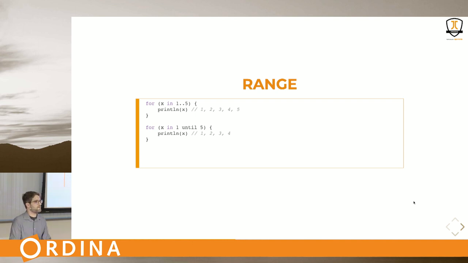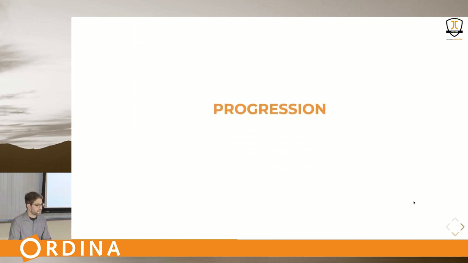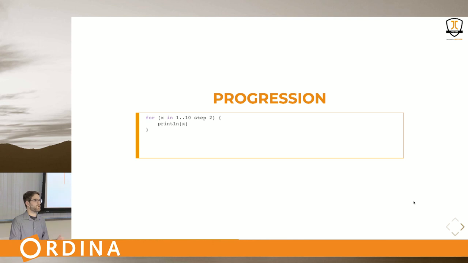You can also loop over things that are not numbers, like characters, everything that is iterable and where it can know what the next item will be. So in this case, you can also loop over A to D, which then prints this. Of course, sometimes you want to skip some of those numbers, and you can use something called progression, and then you can provide a step.